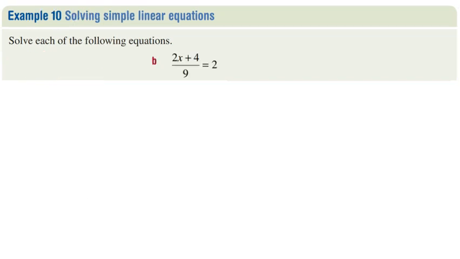This one here has 3 things to move away. So I'm going to do the same, move what's furthest away first. So this 9 here. The opposite of divide by 9 is times by 9. So then I'll have 2x plus 4 equals 18.